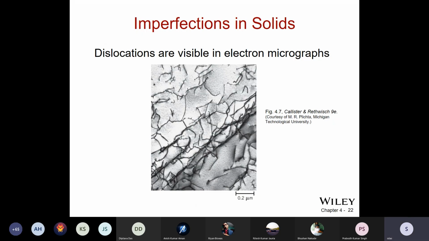Any question? Now, to explain this discrepancy, why the theoretical shear strength is so high, in the 1940s, mostly physicists and mathematicians came up with the concept of dislocation in a crystalline solid. Dislocations. In the 70s, when transmission electron microscope development became quite mature, we saw those defects.